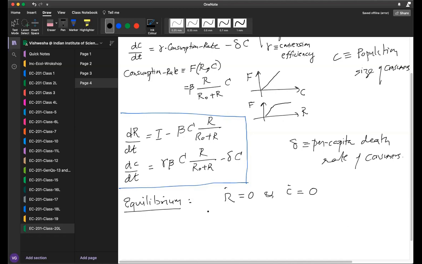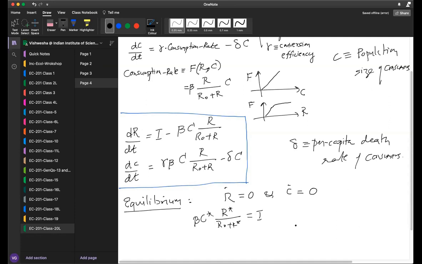I is equal to beta C R divided by R0 plus R. So that gives me the condition beta C star R star divided by R0 plus R star is equal to I. That's the first condition.